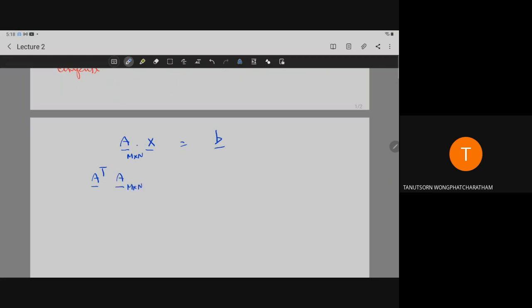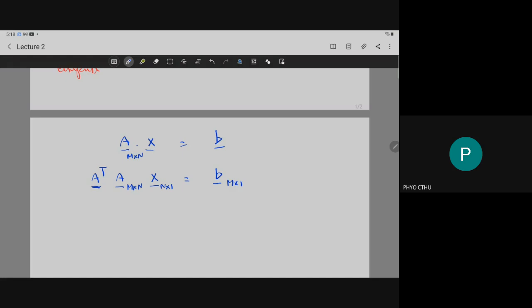If you do the A transpose, what is the dimension of A transpose?